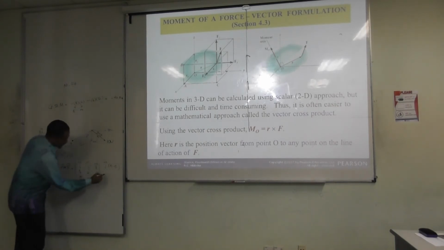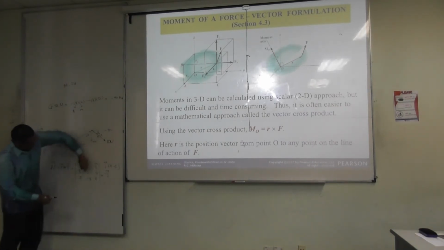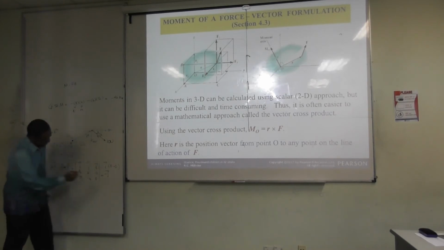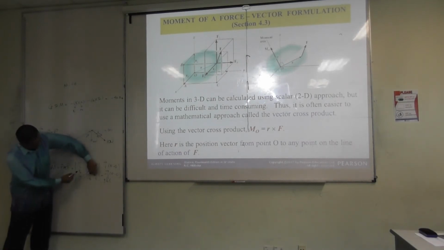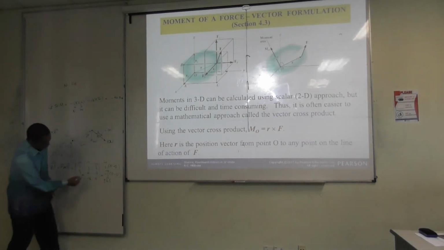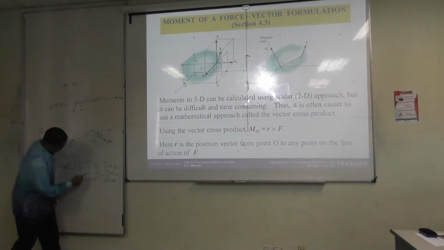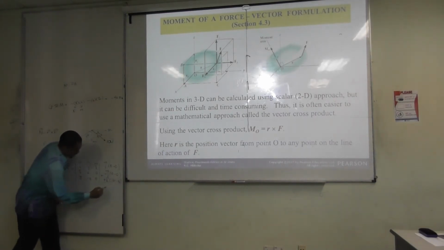So minus j, what do you get? 0, also 0 minus 0. Plus k, this one is minus 30 minus 16. So in the end you get minus 46k Newton meter, right?